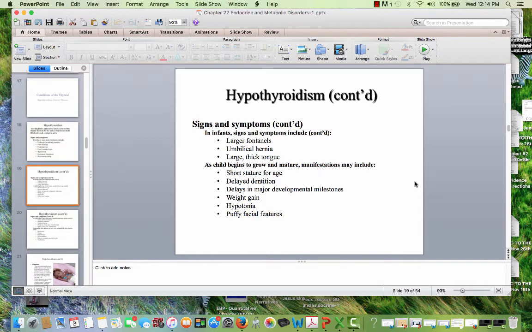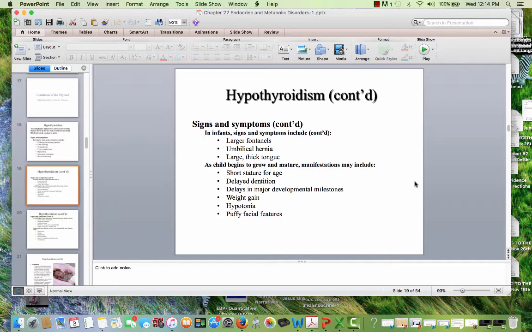In infants, some of the bigger signs and symptoms include the larger fontanelles, as I mentioned, umbilical hernia, and a large thick tongue. As the child begins to grow and mature, manifestations may include shorter stature, delays in overall growth and development of teeth, and major delays in developmental milestones.